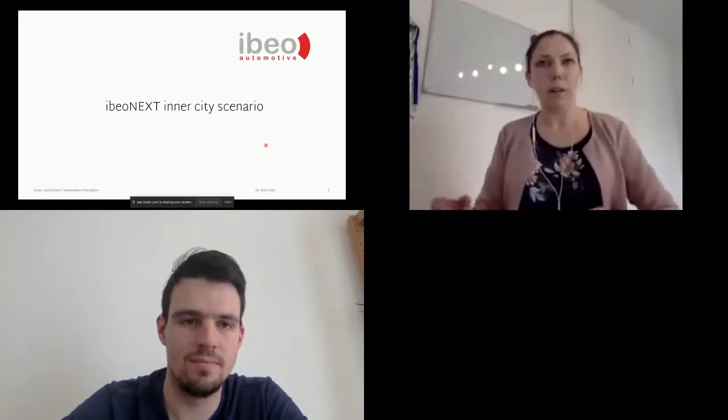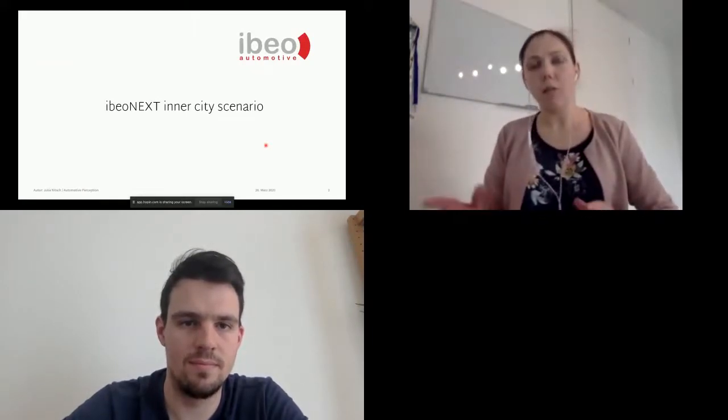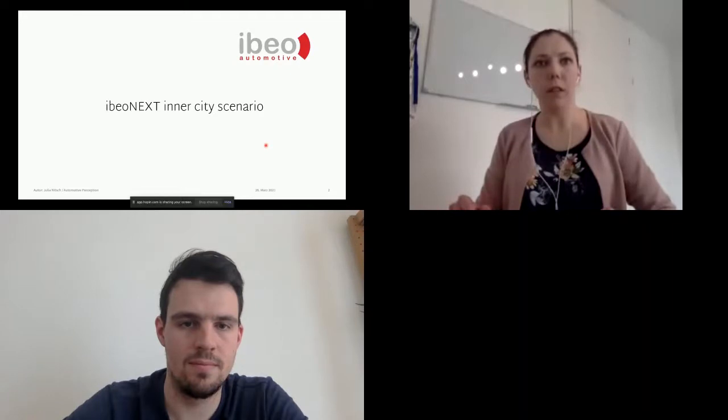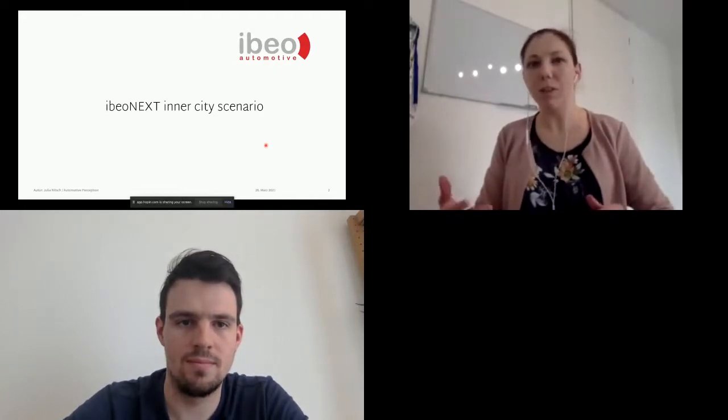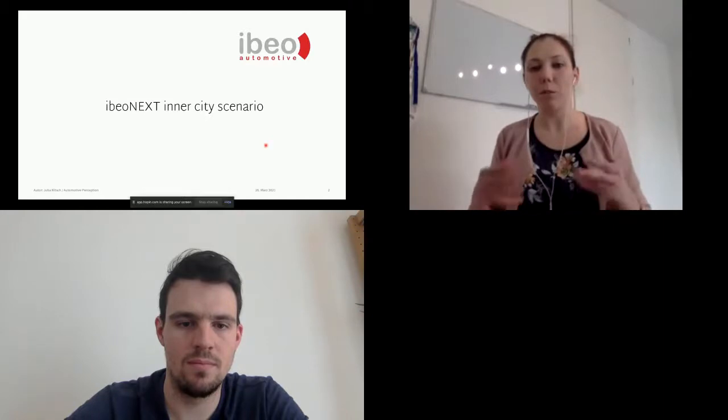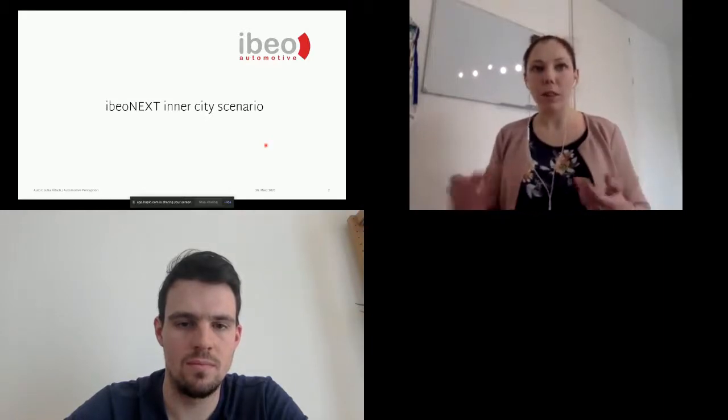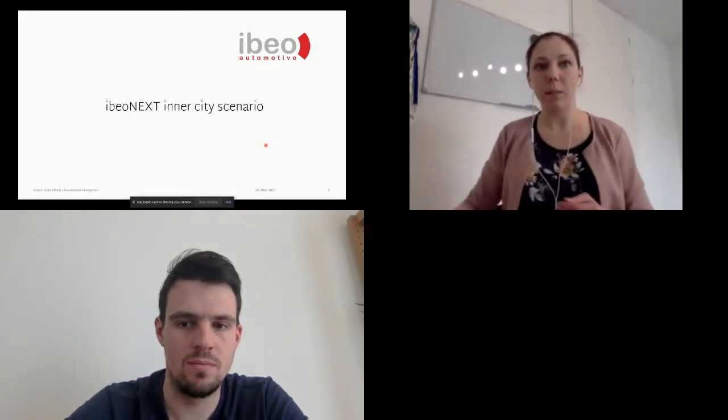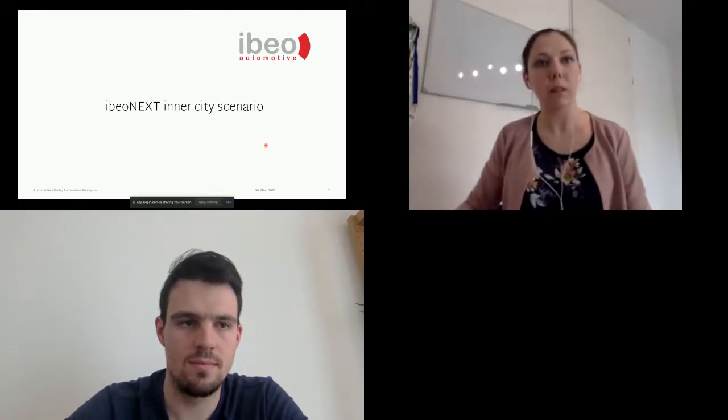When we are talking about autonomous driving, we are often talking about the highway use case in Germany. However, especially from the research perspective, the urban environment is really interesting for me. What you can see here is the data which we get out of our solid-state LiDAR sensor, represented as a point cloud.